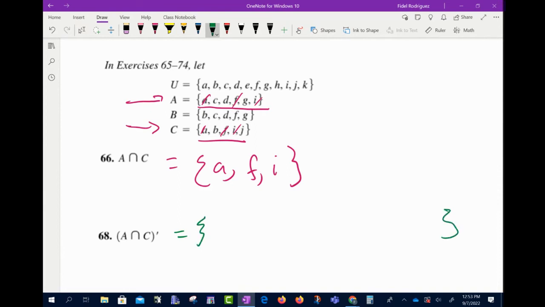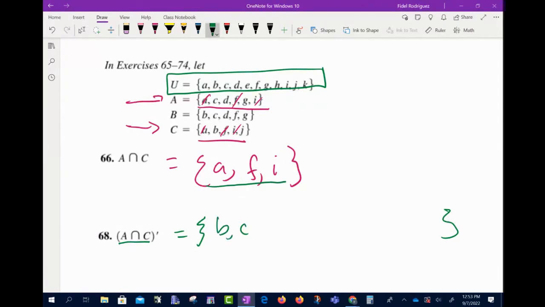So, question. Does anybody know how I would find the complement? I want to pick every letter here, except for which ones? Yeah, we want to pick every letter except for A, F, and I, right?